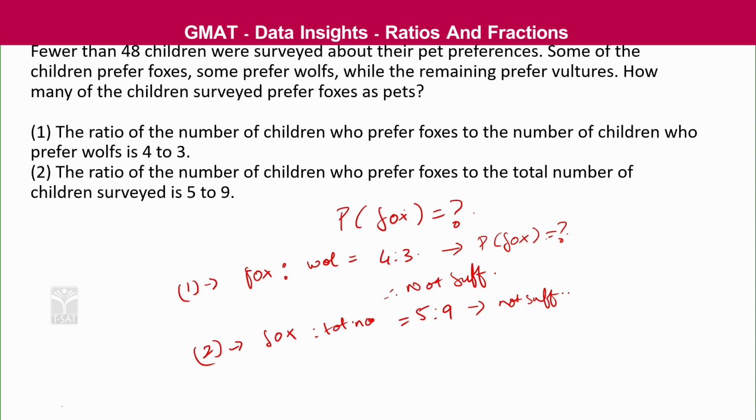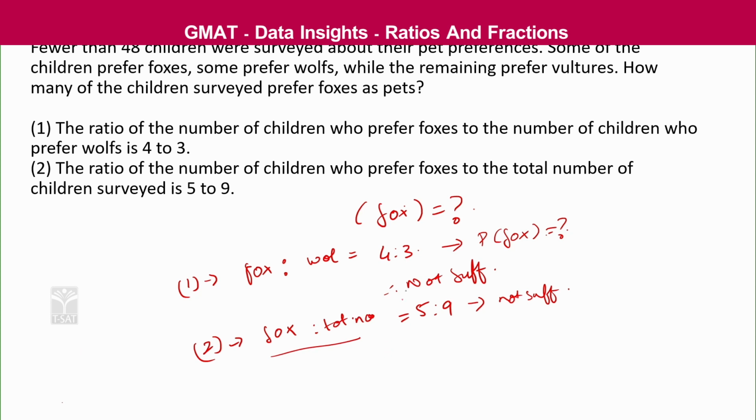We do not know the value of wolves or the value of vultures from here. When we only know the ratio, we do not know how many of the children surveyed can be foxes. We know the ratio, but we do not know the number. We do not need the probability, we need the exact number: the number of children who preferred foxes.